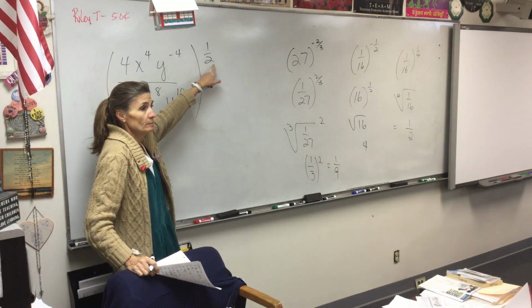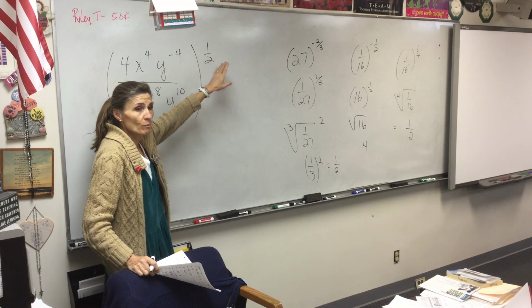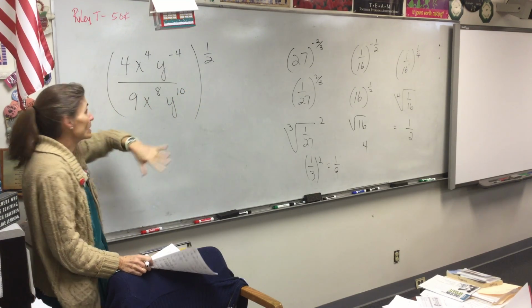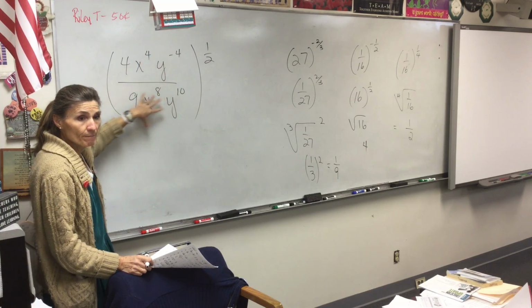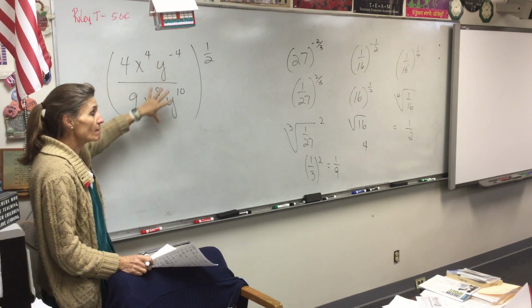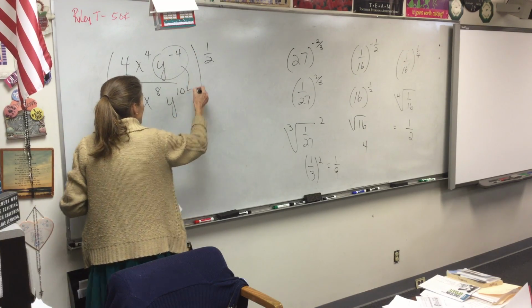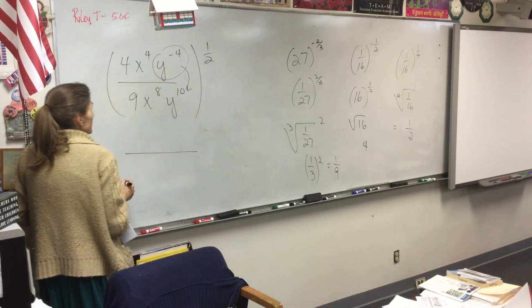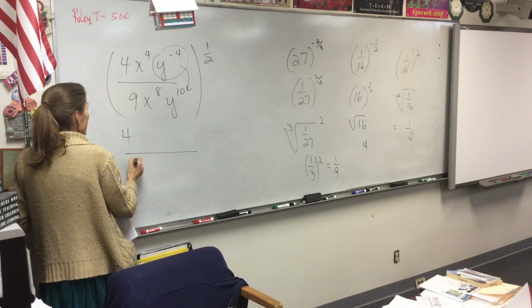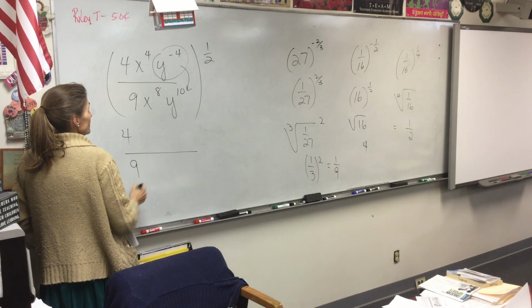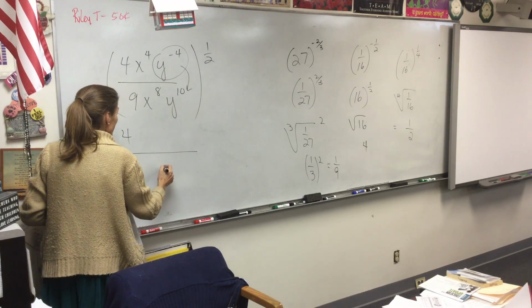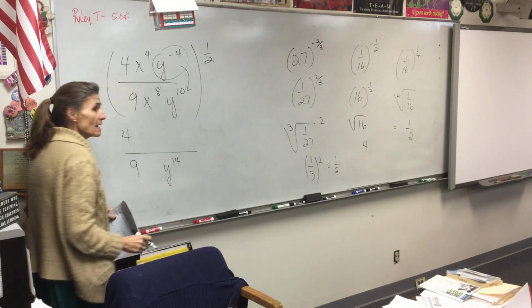What's that mean? Square root. But before we square root, let's take care of this in here. Okay? So somebody said the y needs to come down. When it comes down though, kids, it's going to make a total of 14 down there.